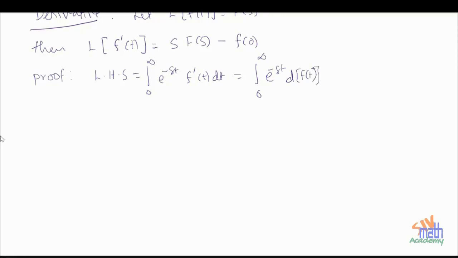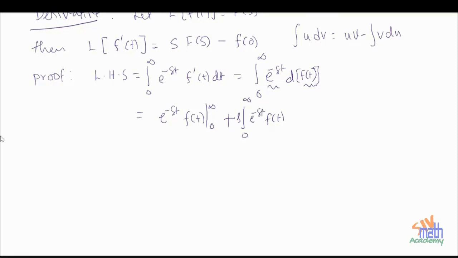Right? It is like the integral u dv is equal to uv minus integral v du formula. So substitute here u and v. This is u and this is v, correct? So that is e power minus st into f of t, limits 0 to infinity, minus integral 0 to infinity, and your v is f of t, and the derivative of e power minus st is minus s into e power minus st, correct? dt.